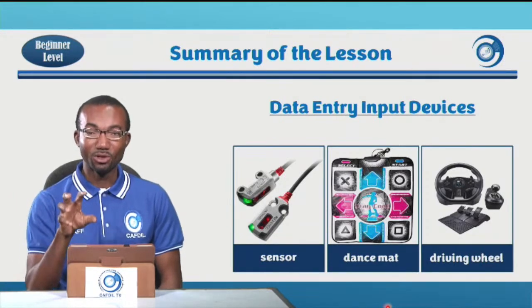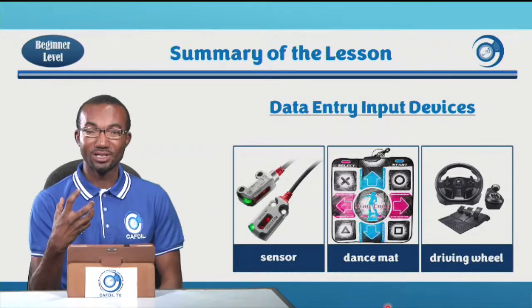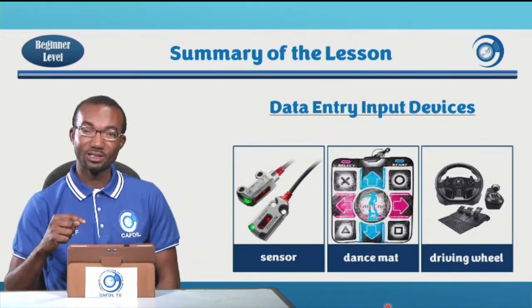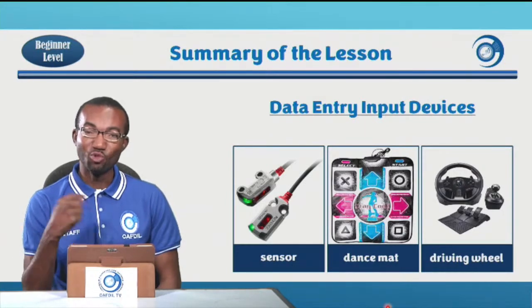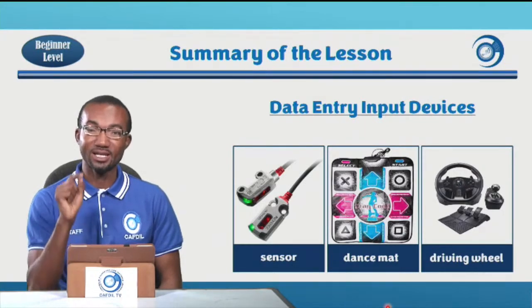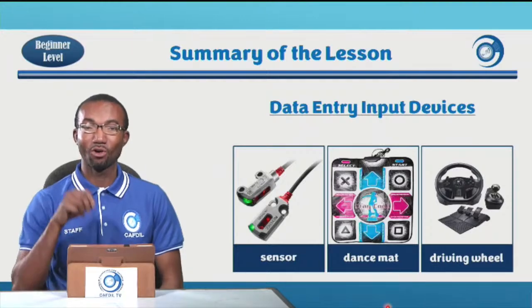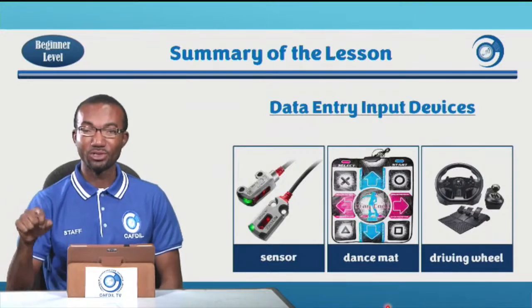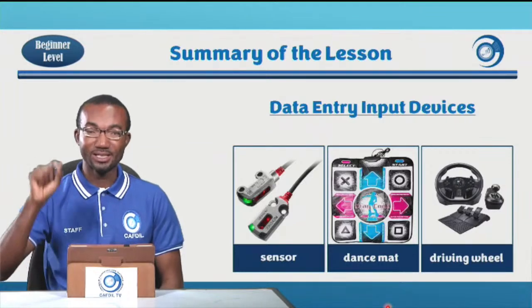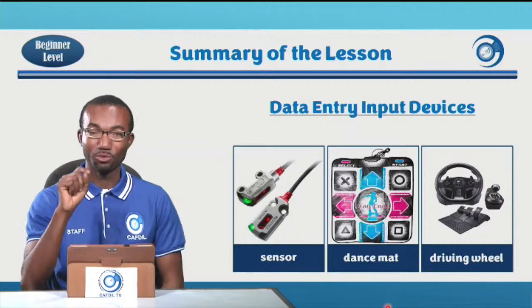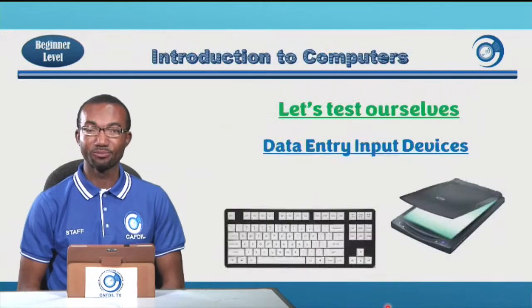Dance mat, we normally use this to learn how to dance or use it in games. So what information does the dance mat send? Movement. Your movement sends information into the computer system, and we already talked about the driving wheel. So these are examples of data entry input devices. Each of them sends a particular data to the computer system for processing to take place.